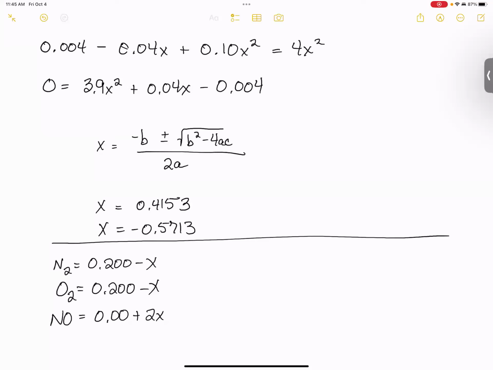Now, here's how you know which is valid. If I have 0.200 and I subtract out 0.4153, that gives me a negative 0.2153. Concentrations cannot be negative.